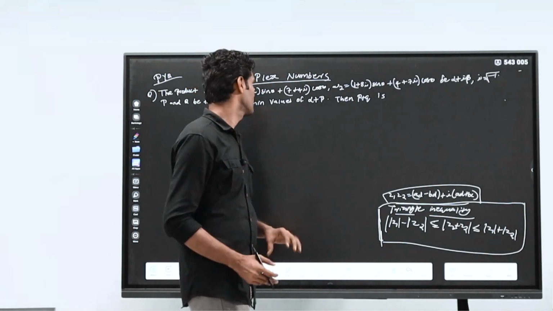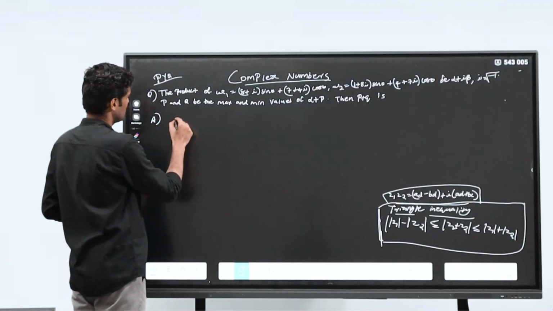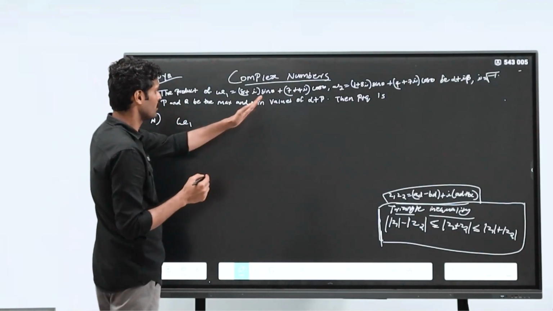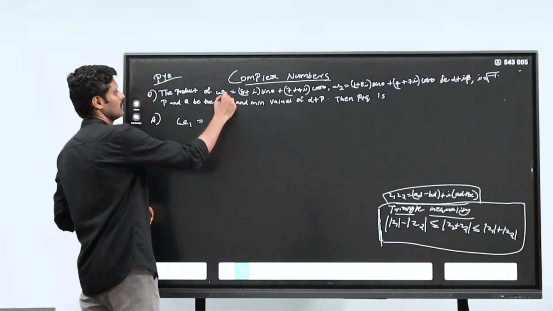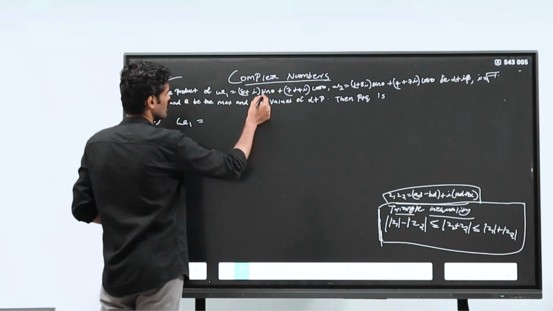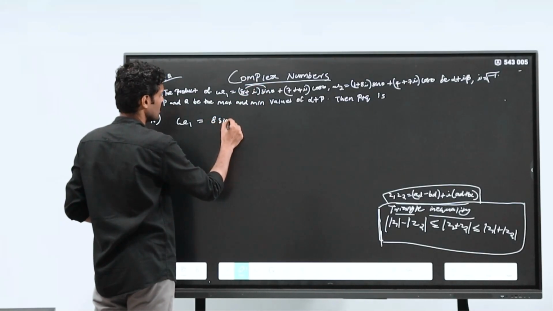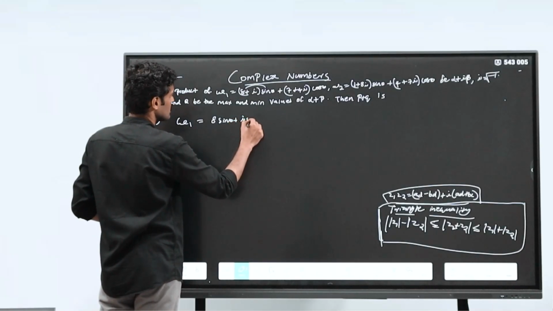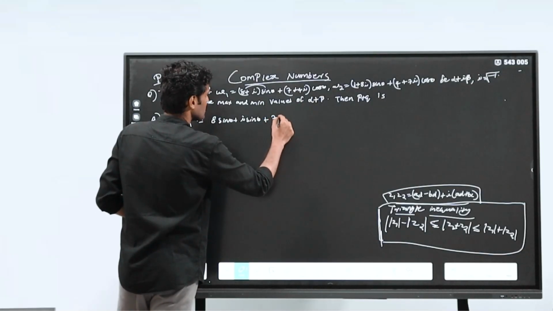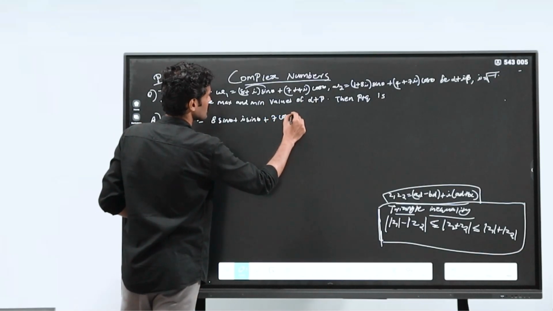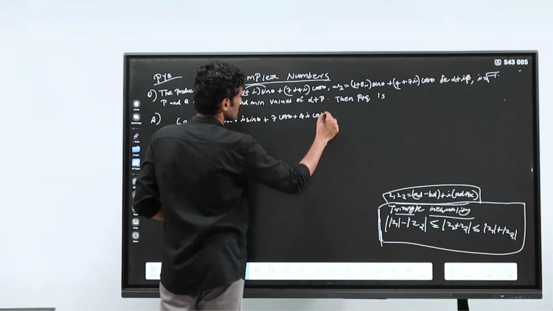This is the question. So we know the given omega 1 and omega 2. We can expand omega 1 from the question, that is 8 sin theta plus i sin theta plus 7 cos theta plus 4i cos theta.